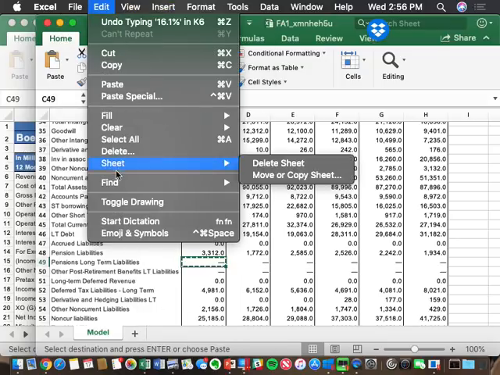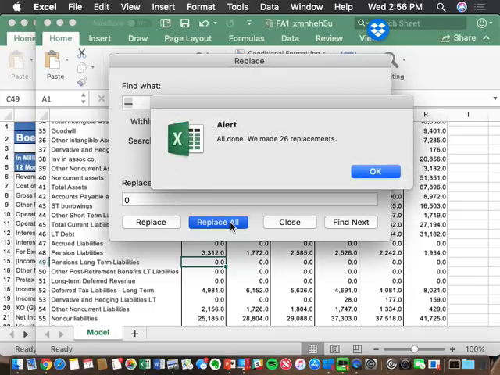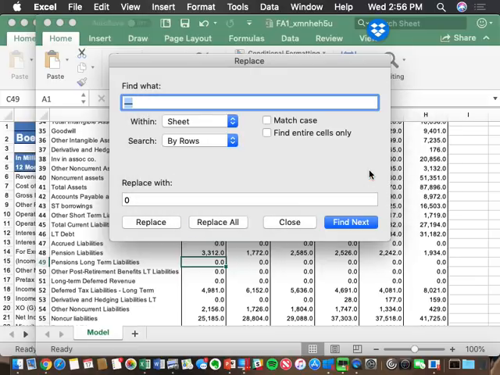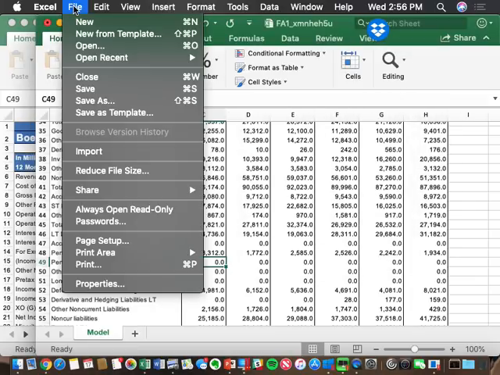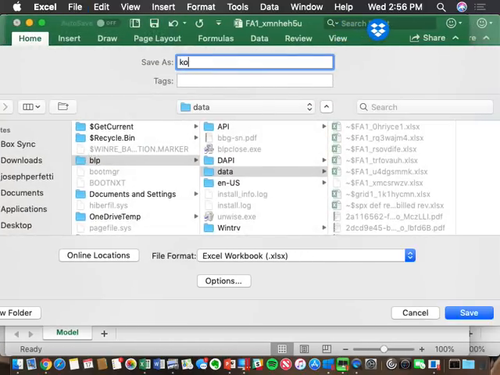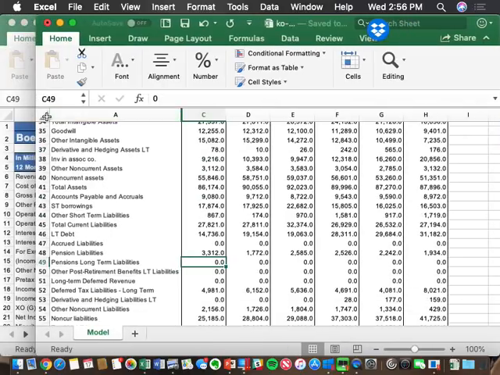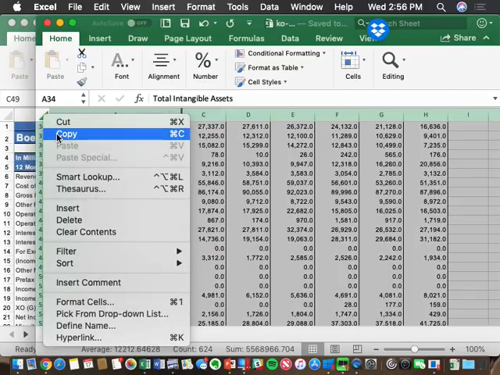So find, replace those dashes with zeros. So you're going to replace 26 of those. Save that file. I'll call this KO data. I'll put this in my downloads folder. Select all of that.